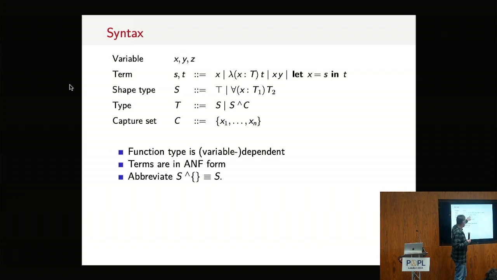These are the pure types, or the shape types. To go to the full types, I need a shape type and a capture set. So the full type has a shape type and a capture set, and a capture set is just a set of references. Terms are in ANF, or rather monadic normal form, because the lets can be nested. And I have the abbreviation that a shape type and an empty capture set, I just write as the shape type itself.